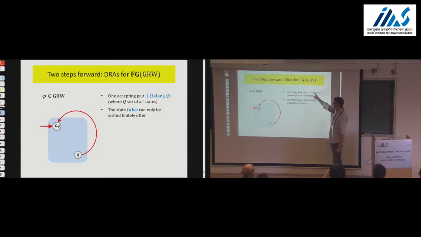You say that you want to visit the state false finitely often, and this means that from some moment on you will not visit the state false anymore, and therefore you are going to stay in the range of states that are accepted, so you are going to accept the formula. So if we move to this model, the constructions are completely dual. In both cases, you just have to add one arc: in the one case from true to the initial state, in the other case from false to the initial state.